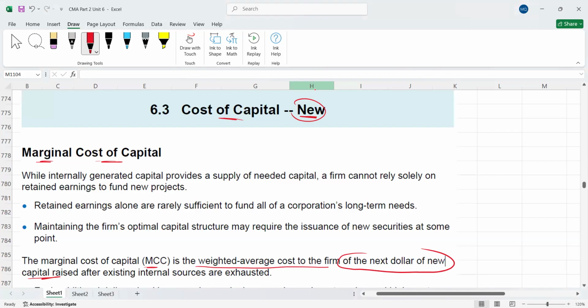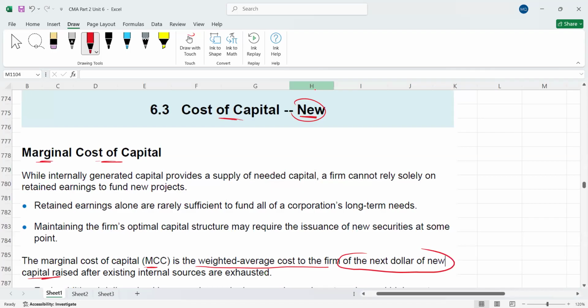As we know, when we want to finance our capital projects, we may use retained earnings also, but sometimes retained earnings alone are rarely sufficient to fund all the corporation's long-term needs. So maybe we need to go for issuance of new securities at some point, right?